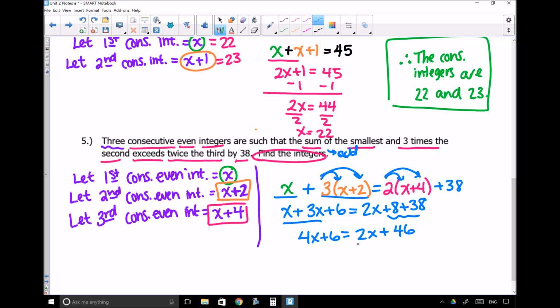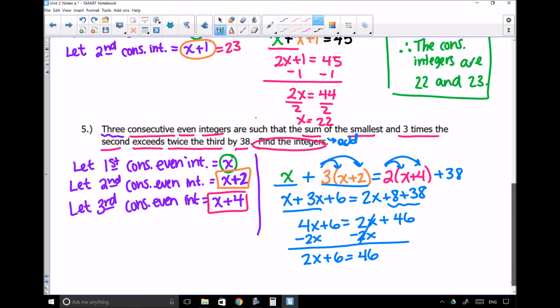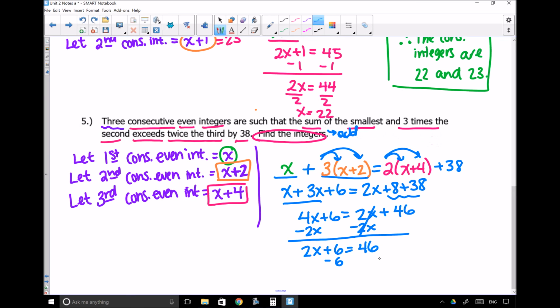Okay, now I'm going to get rid of this 2x by subtracting it. So subtract 2x from both sides, and you end up getting 2x plus 6 equals 46. Now I need to get rid of this 6, so I'm going to subtract it. And again, I'm not going over how to solve the equation because at this point hopefully you're comfortable with that. The 6's cancel. 46 minus 6 is 40. Divide both sides by 2, so I can say that x equals 20.